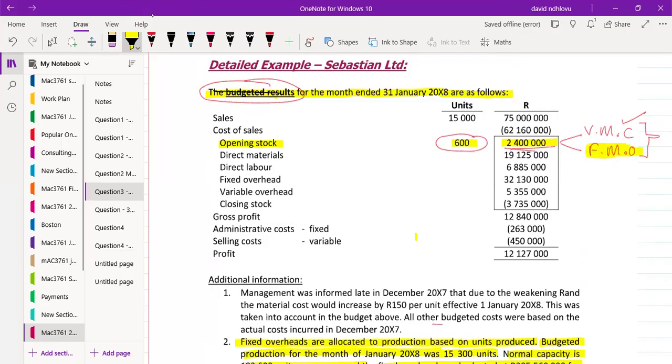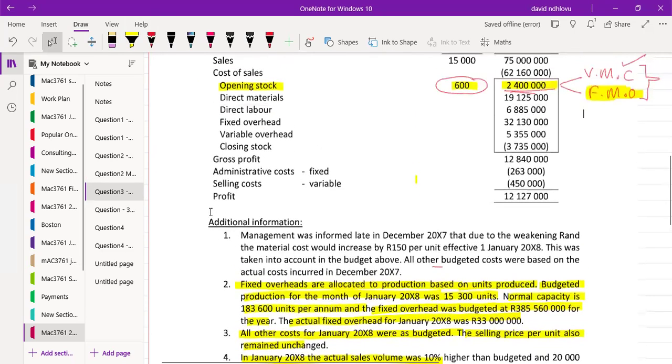Then we can remove them from the opening inventory. Remember when it comes to overheads, before the gross profit, we use what we call applied overhead, which is based on budgeted information.